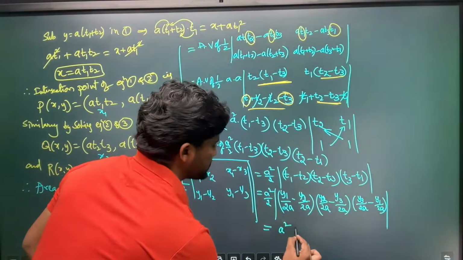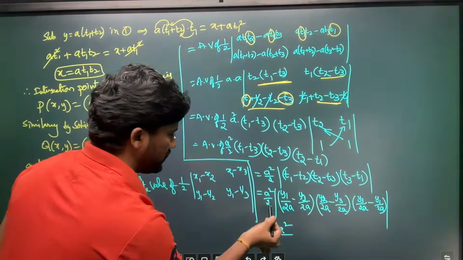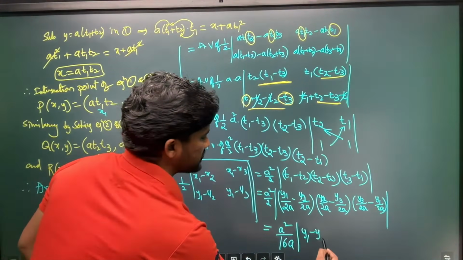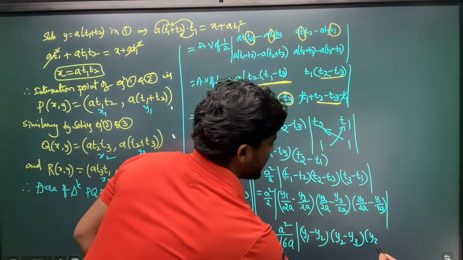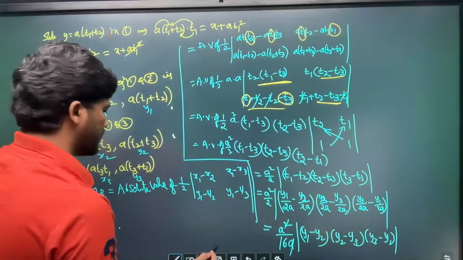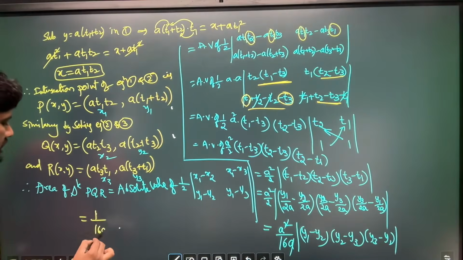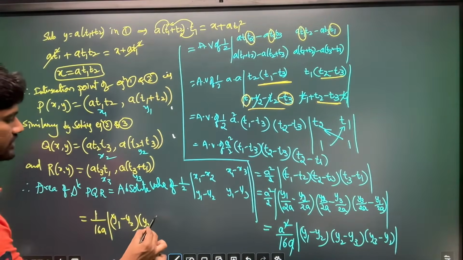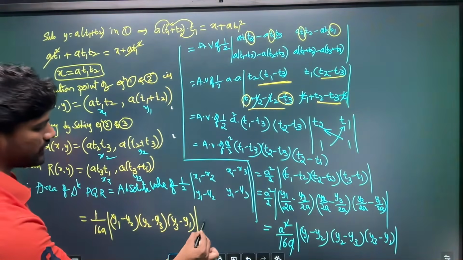Therefore a square by 8, then 8 into 2 is 16a. 16a into y1 minus y2, y2 minus y3, y3 minus y1. So here a gets cancelled. So finally we can write 1 by 16a into y1 minus y2, y2 minus y3, next y3 minus y1, square units.